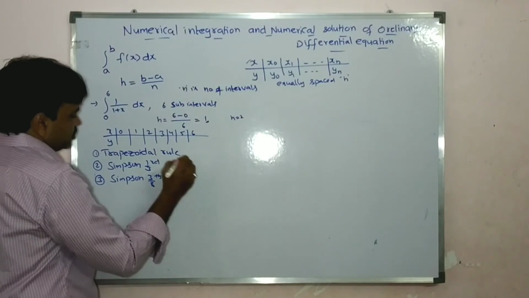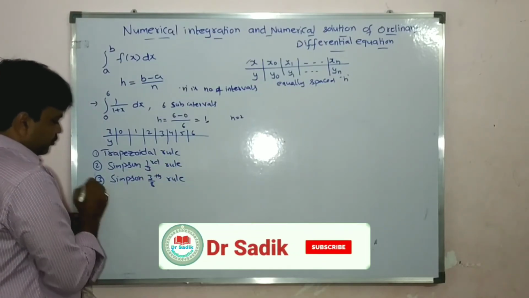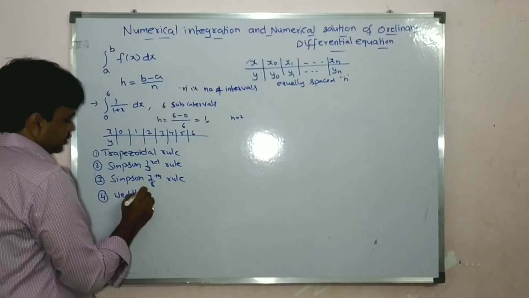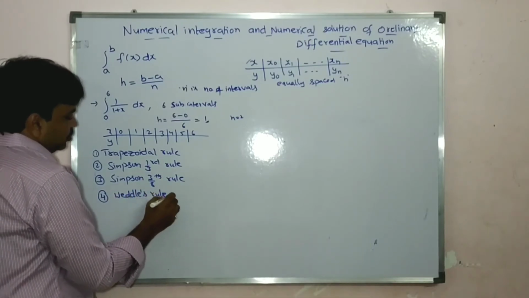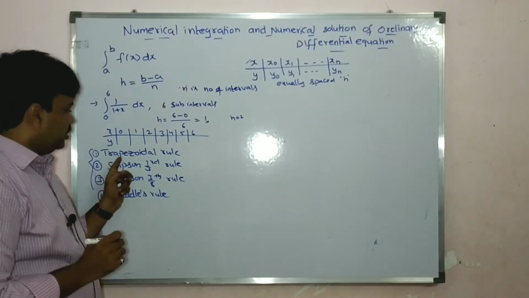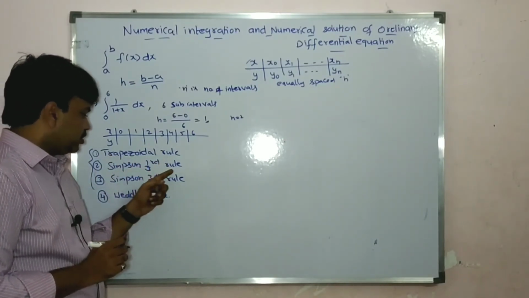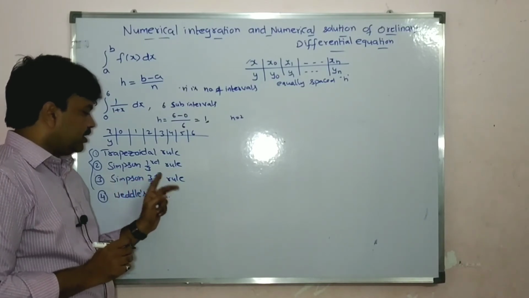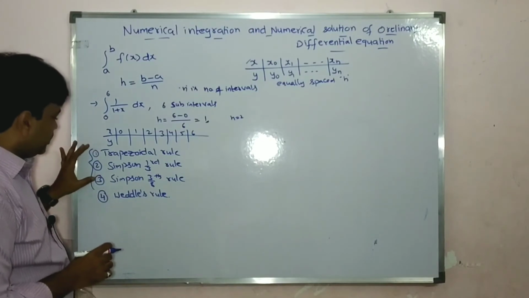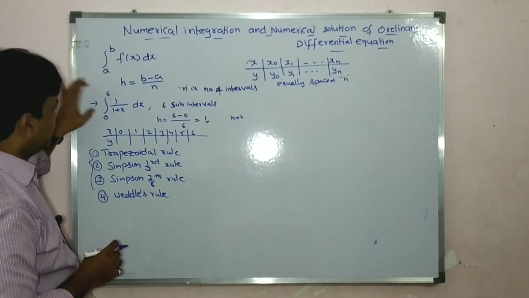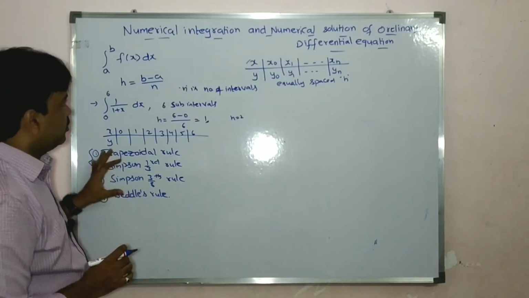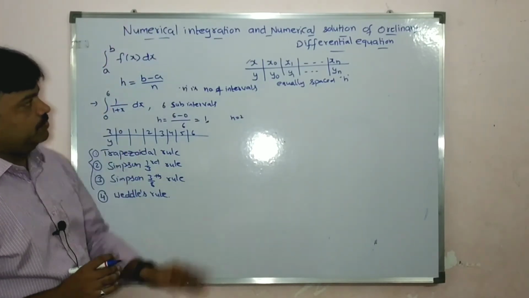And the fourth one, Weddle's rule. But in our syllabus we have only the first three, students: trapezoidal rule, Simpson 1/3 rule, and Simpson 3 by 8 rule. By applying these methods, we can evaluate this definite integration. Okay students, this is about numerical integration.